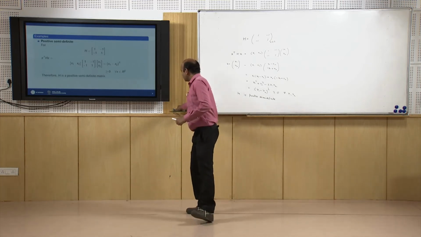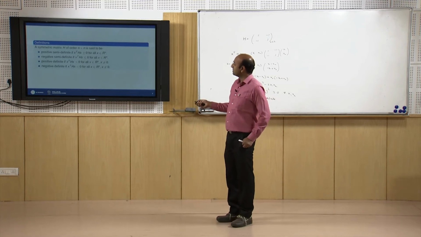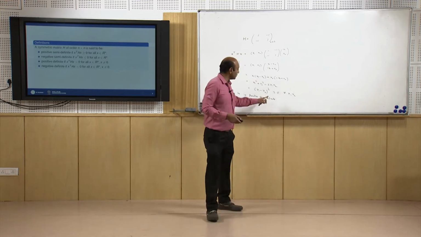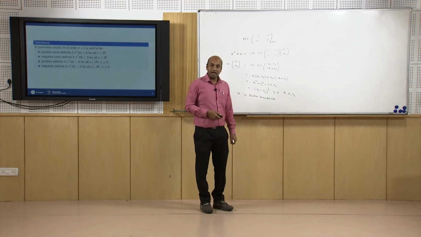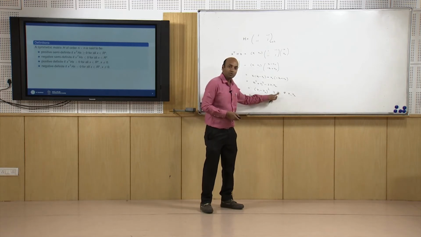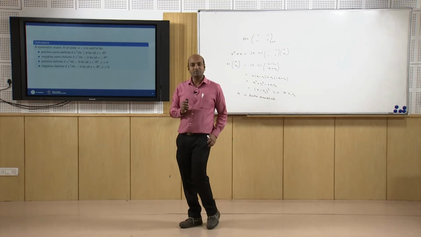For positive definite, as we see in the definition, this must be strictly greater than 0 for all x in Rn with x not equal to 0. However, this is greater than or equal to 0, and there are non-zero x where it equals 0. Therefore, it is not positive definite, however, it is positive semi-definite.